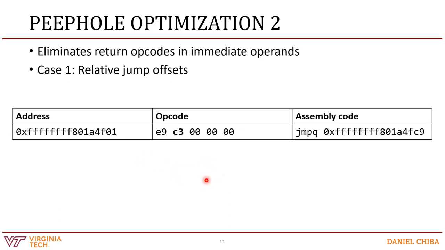The second type of peephole optimization, I should probably say peephole optimization is a name given to compiler optimizations in general, and they're called peephole optimization because they just focus on a small snippet of code.